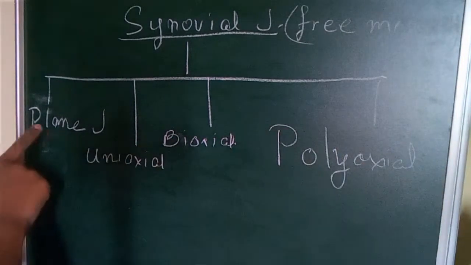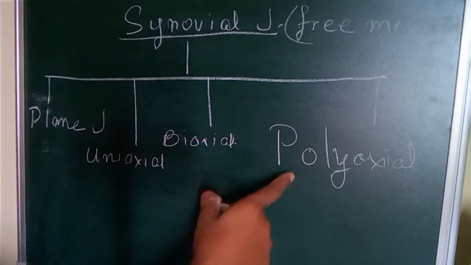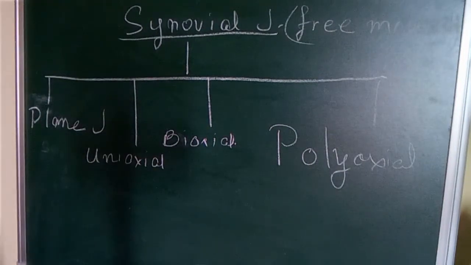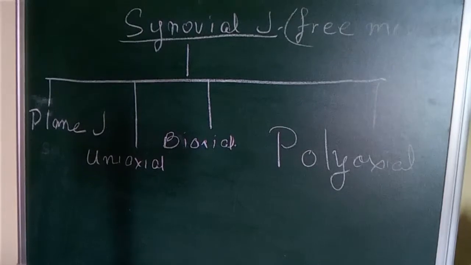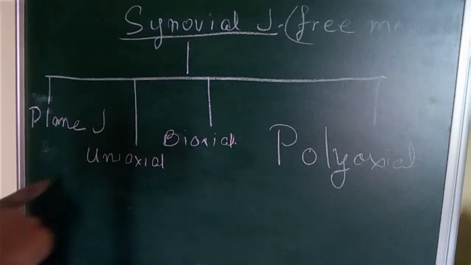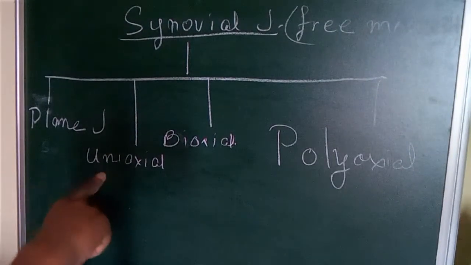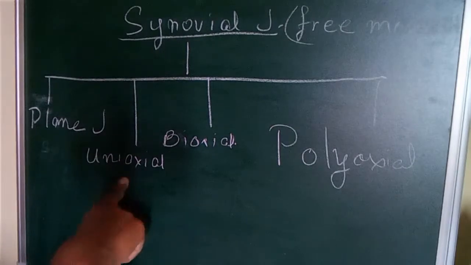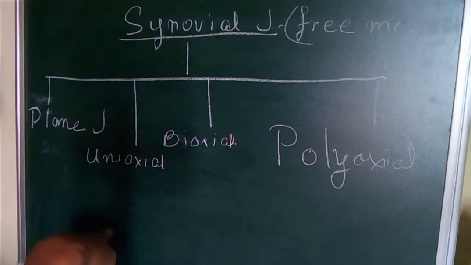So it's further divided into uniaxial, biaxial, and polyaxial. The uniaxial joints are the plain joint, hinge joint, and pivot joint.